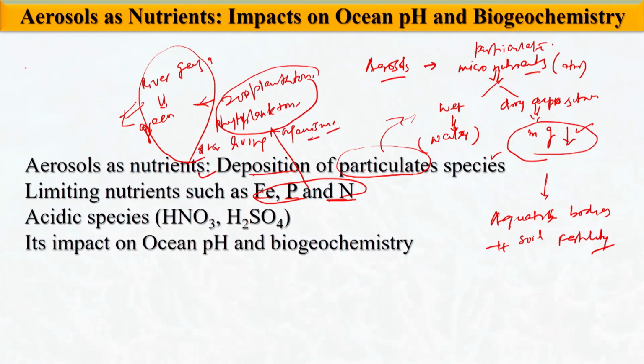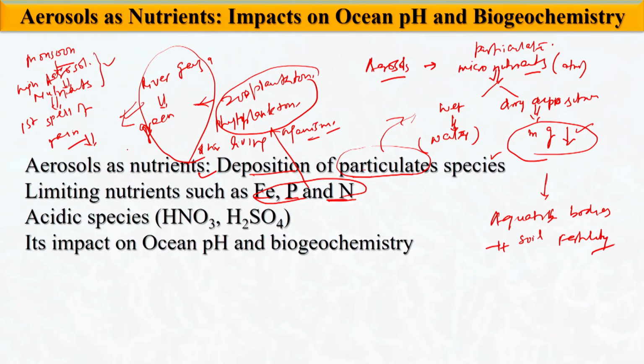What will happen in the initial period of the rain? Just before the monsoon starts, the atmosphere is loaded with high aerosol content. Okay, and these high aerosols contain lots of nutrients, and especially the first spell of rain, the first couple of spells of rain, will remove many of these nutrients from the atmosphere.